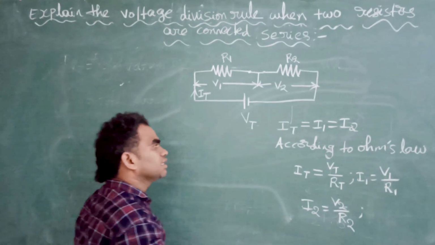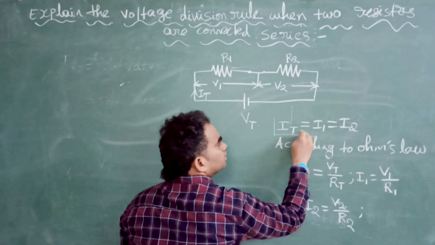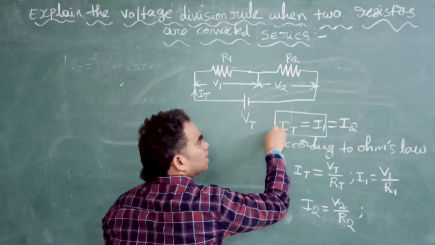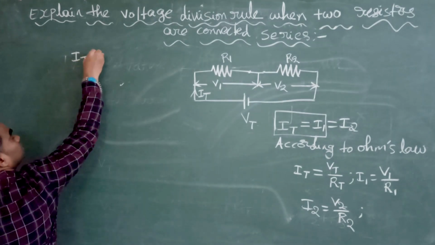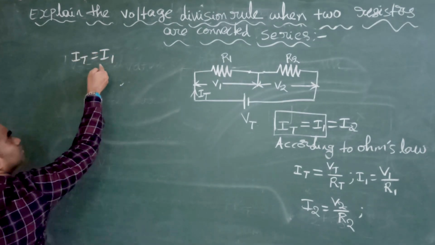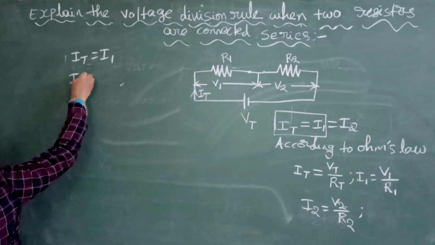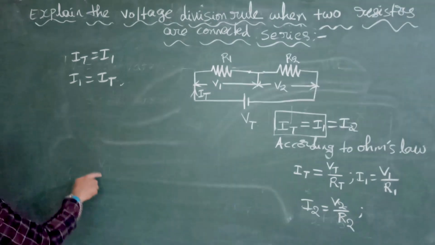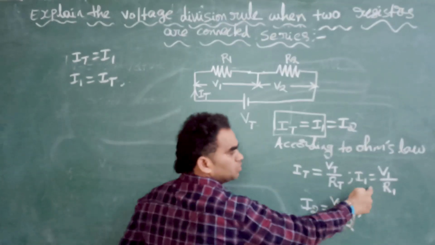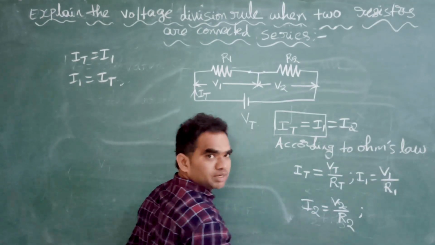First, we are taking the It and I1 values. It is equal to I1. This can also be written as I1 is equal to It. I1 means, according to Ohm's law, I1 is equal to V1 by R1.